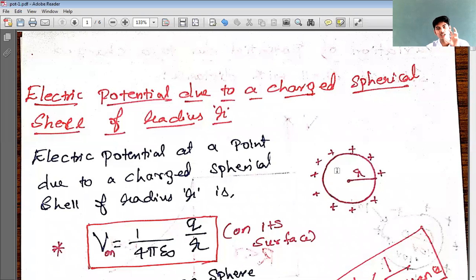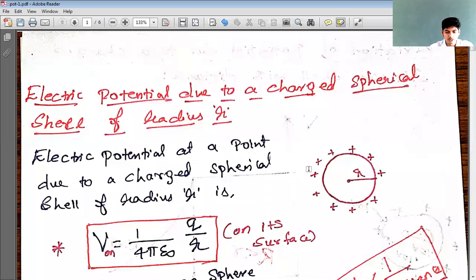Now we can consider a charged spherical shell as a point charge, because the potential a spherical shell produces is the same as that produced by a point charge. Electric potential produced by a point charge and by a spherical shell are the same. So we can consider a charged spherical shell to be a point charge.